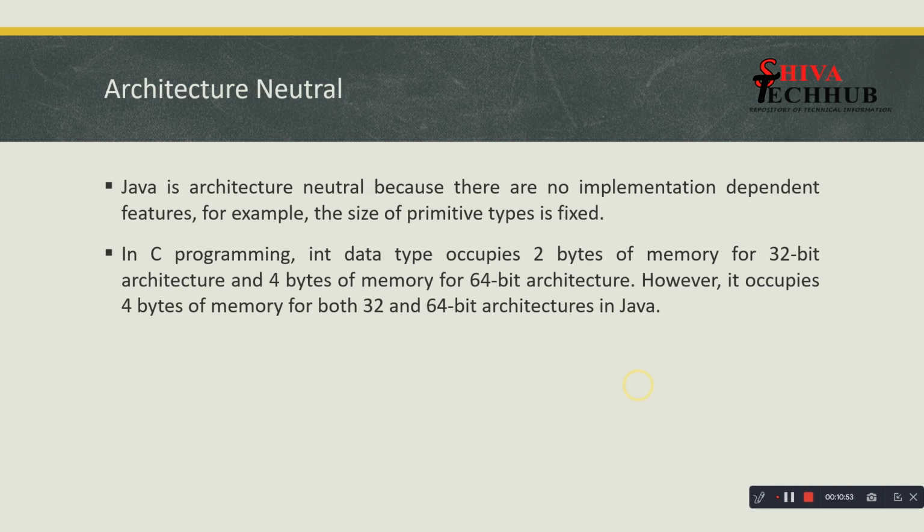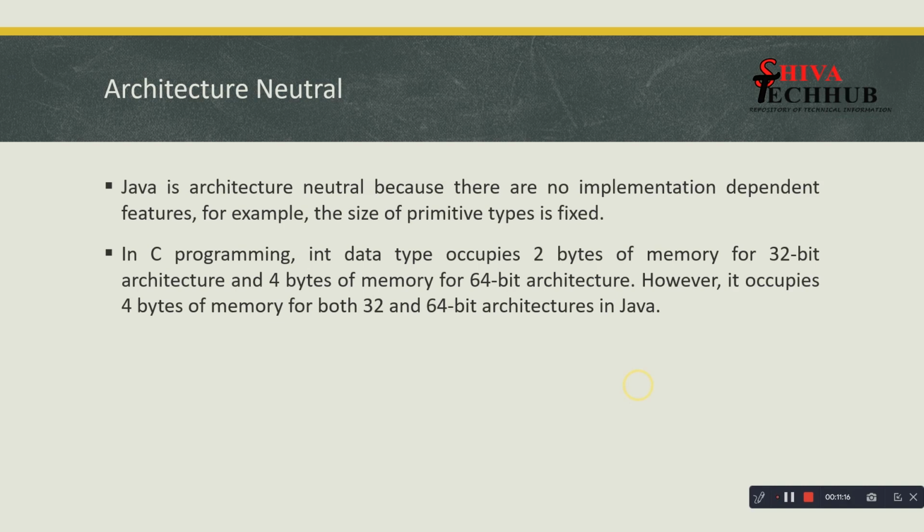For example, in C programming, an int data type occupies 2 bytes of memory for a 32-bit architecture and 4 bytes of memory for a 64-bit architecture. But when it comes to Java, it occupies the same amount of memory for both 32 and 64-bit architectures.